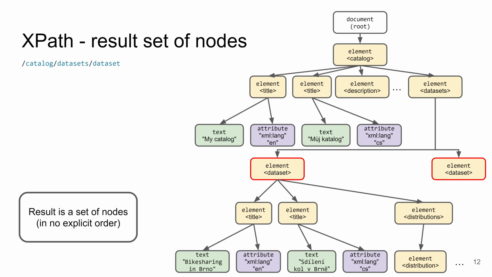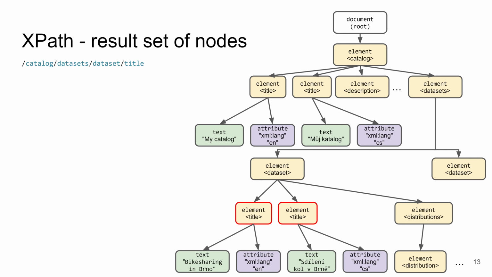As the result of the XPath query is a set of nodes, in this case, when we go from catalog to datasets to dataset, the result will actually contain both dataset elements because we have two, and both satisfy the path that forms the query. In the first version of XPath, there is no specific order between the elements in the result.